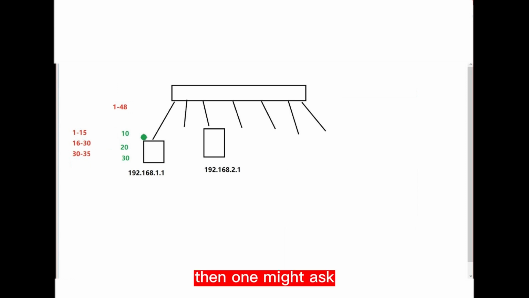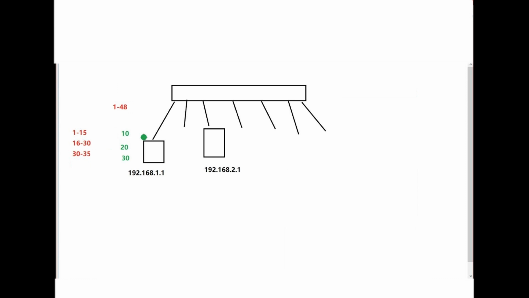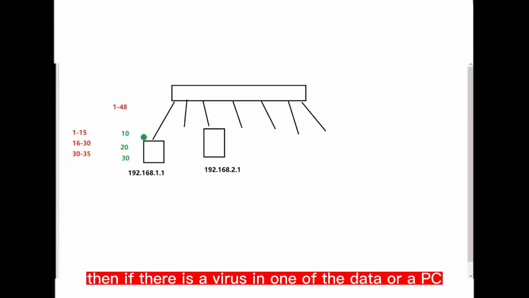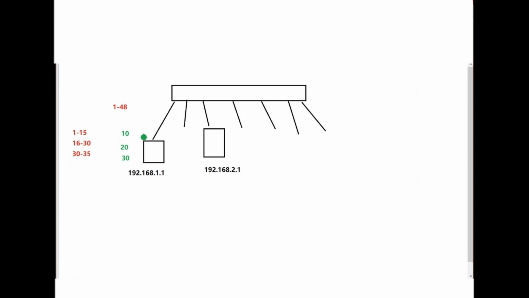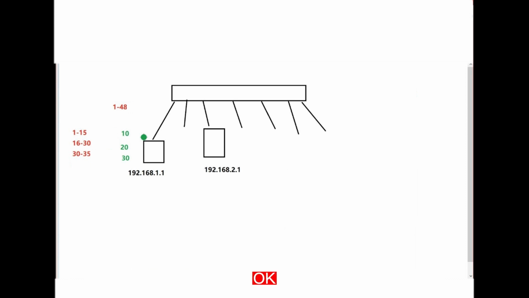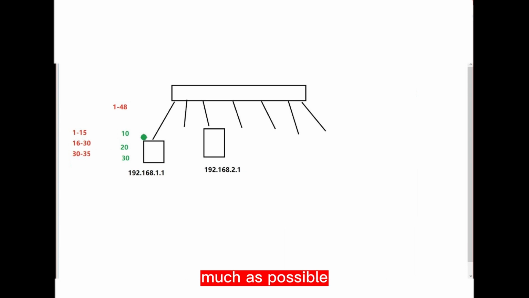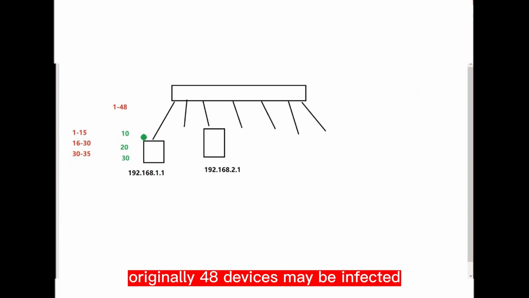Then one might ask: these 15 interfaces are the technical department, so if there is a virus in one of the PCs, what about sending to other devices? Okay, they also get infected. But we narrowed down the scope of the infection as much as possible. Originally 48 devices may be infected.